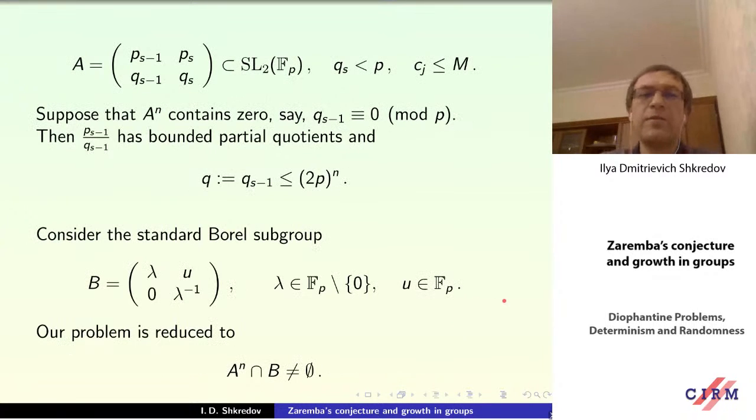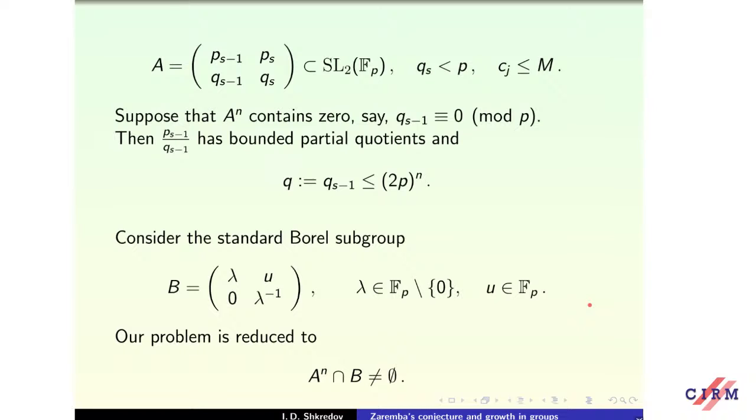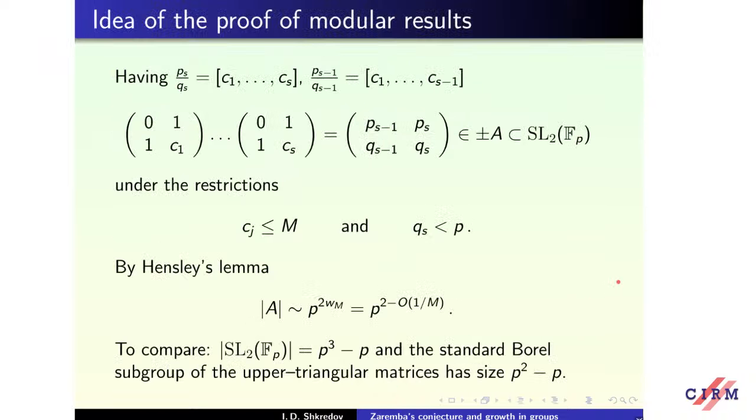In the Rambus conjecture, we associate with continued fractions the following set of matrices. If I have the fraction p_s over q_s, then I consider the following product. It can be written this way, and the determinants of these matrices are plus or minus one.